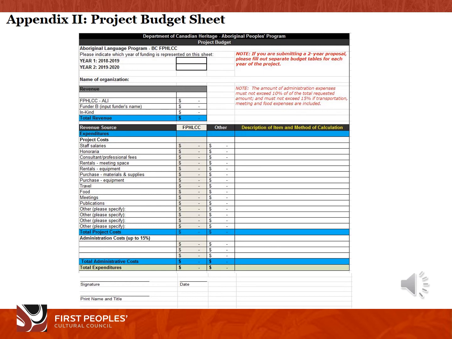Please note that administration expenses cannot exceed 10% of the total requested amount and must not exceed 15% if transportation, meeting, and food expenses are included. Add up the total project costs and total administrative costs to calculate your total expenditures. Make sure to sign and date the budget sheet and include it with the rest of your application.